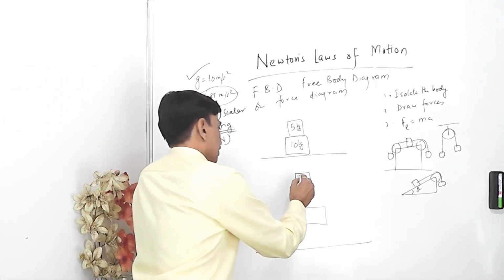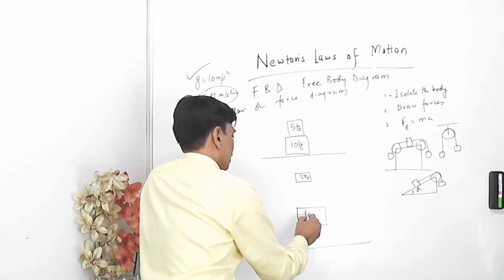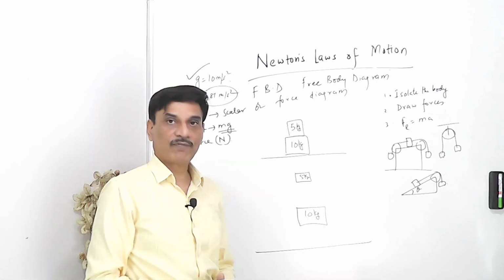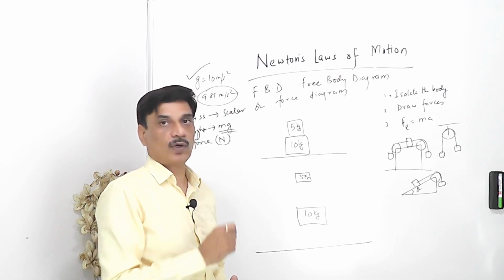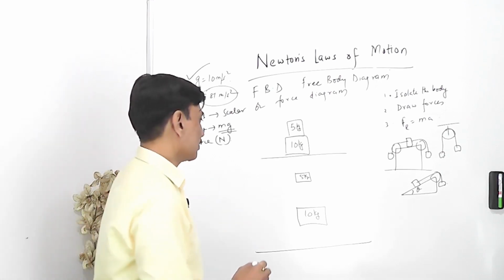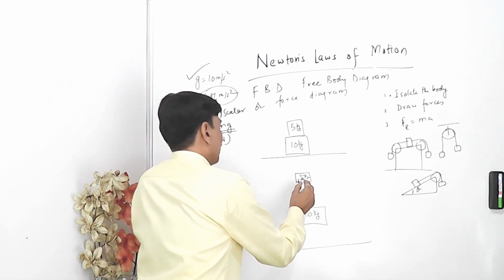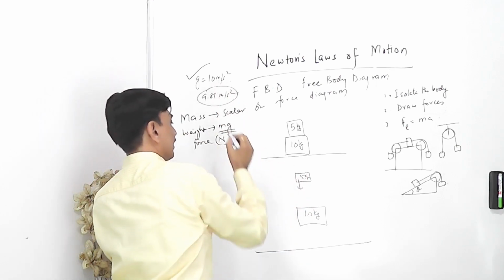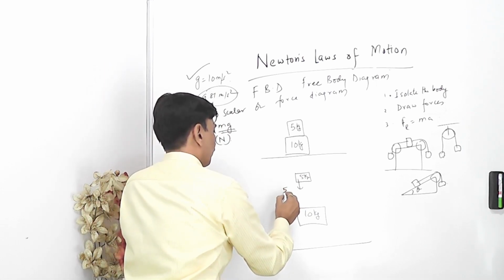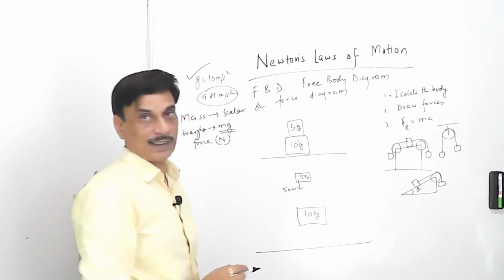So this is 5 kg and this is 10 kg. Let's first see what is the force which is applied by earth onto these blocks. Earth is going to apply a force of mg onto this block. m is 5, g we have taken as 10 meter per second square. So this is 50 Newton earth is going to apply in this direction.